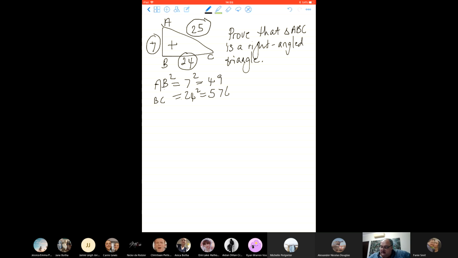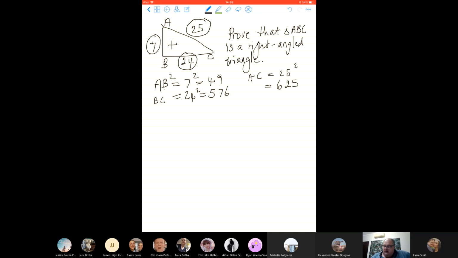And then the long side squared, AC: 25 squared is going to give you 625. Now, why am I squaring the sides? It's because Pythagoras squares the sides, no? So I square the sides.